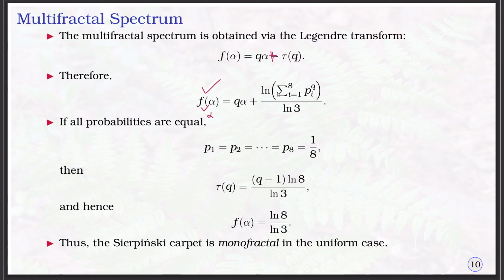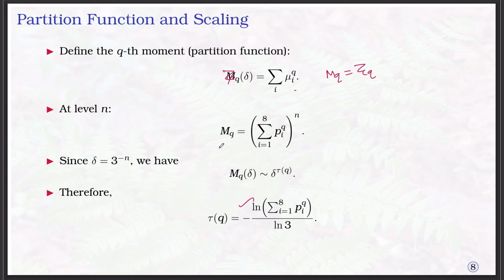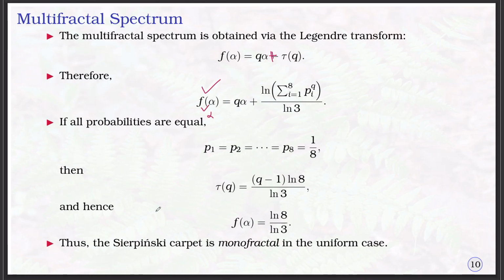As in the Koch curve, if you take all the probabilities equal to 1 by 8, so that the total probability is 1, then f of alpha will be ln 8 by ln 3, which is the support dimension d.